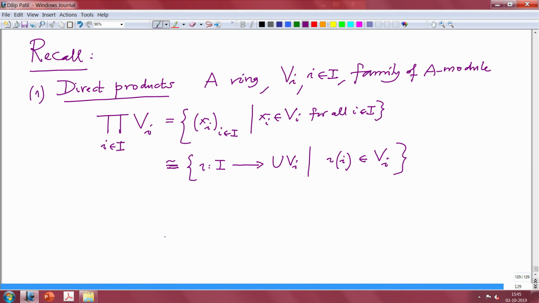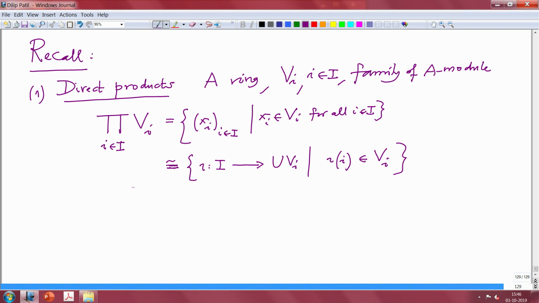So, the ith goes in Vi, and this tuple will uniquely determine iota and iota will uniquely determine the tuple. Just put at the ith position the image of i.